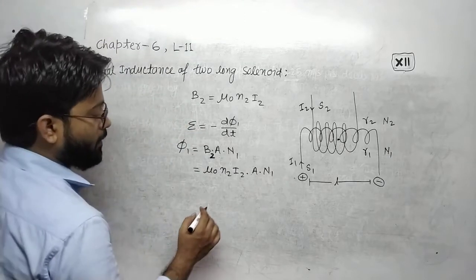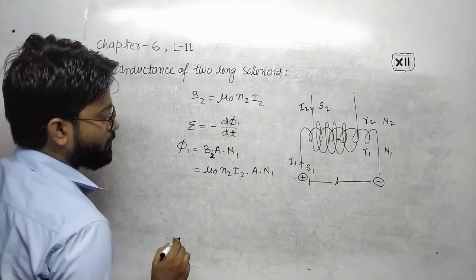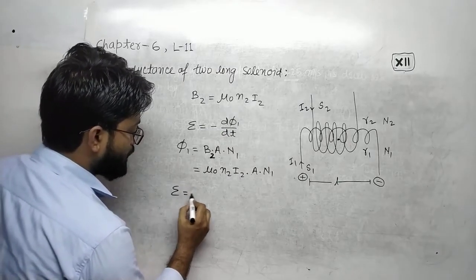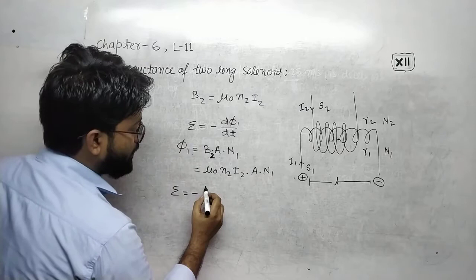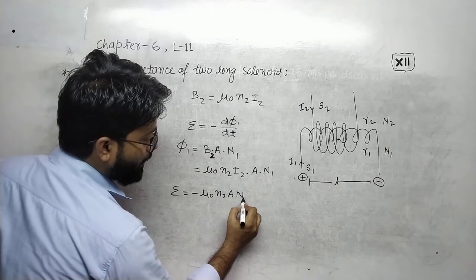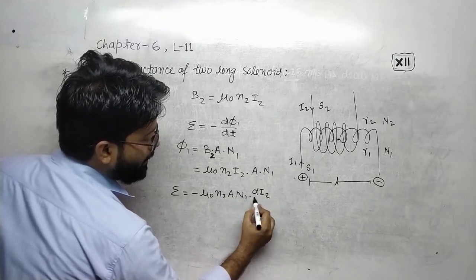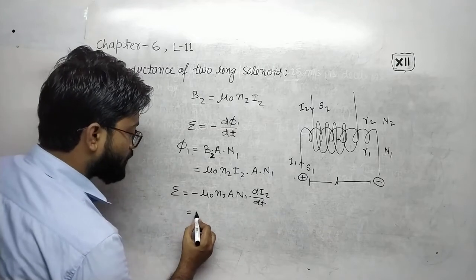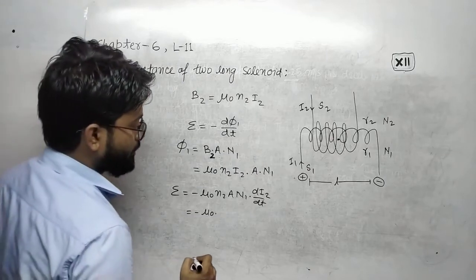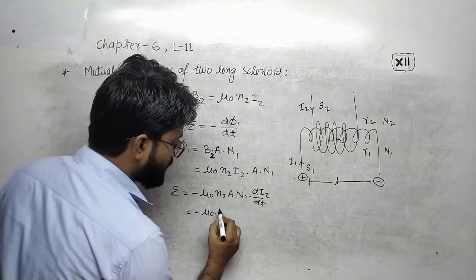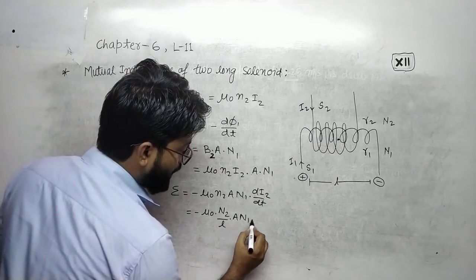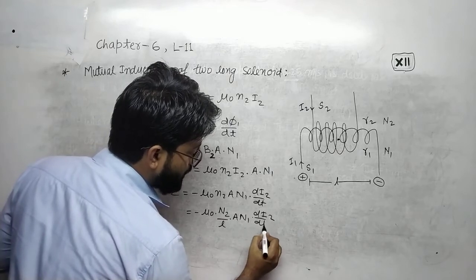Also, E equals minus d phi upon dt, so you can write mu naught N2 A N1 di2 upon dt. Or, in place of N2, you can write N2 upon L, into A into N1 di2 upon dt.